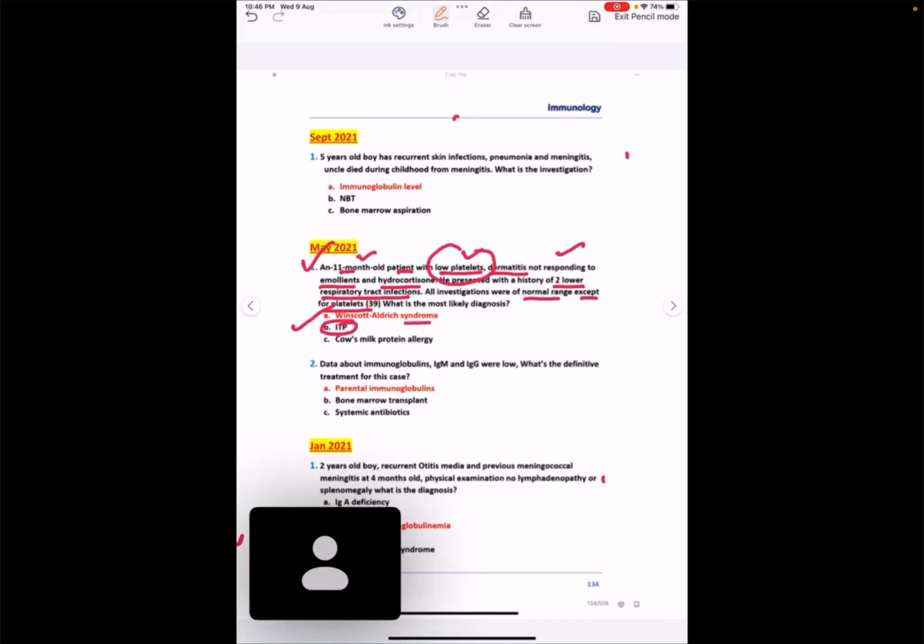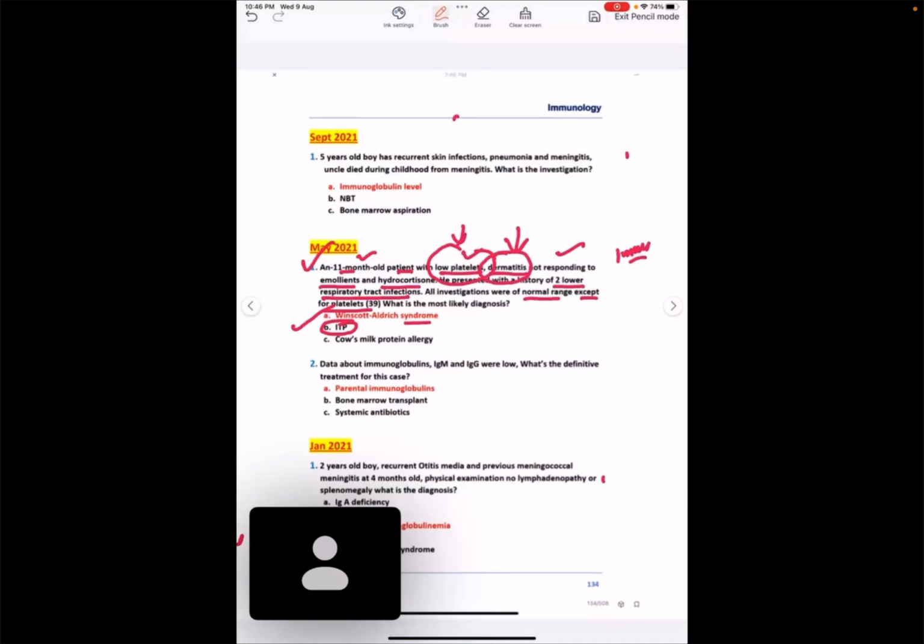When you have involvement of the skin with other systems, especially respiratory or GIT or CNS, that is a case of immune deficiency. So here they have told us the child is having dermatitis and thrombocytopenia. So this is not a case of ITP.